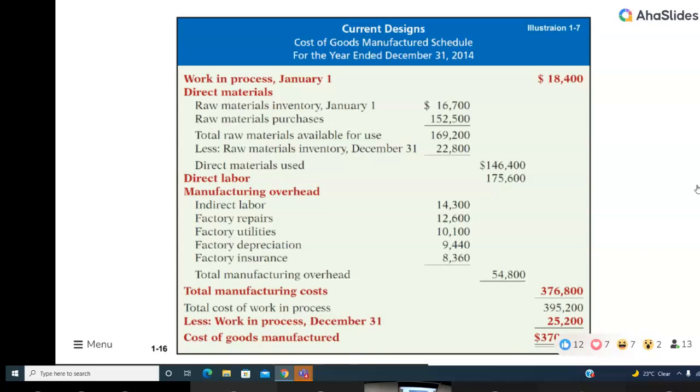The total manufacturing costs gives me the total work in process, subtract the ending work in process. Now, if you want more information, you move into the inside column. The inside column is a summary of the manufacturing costs. This is direct material, direct labor, and overhead. That's your total. Now, I want to know what comprises this.